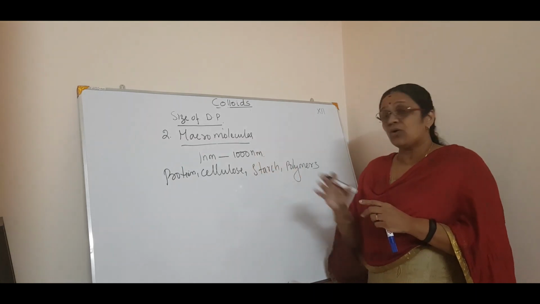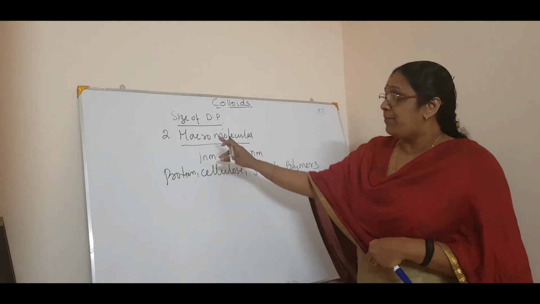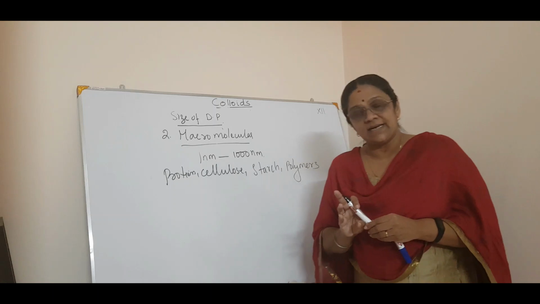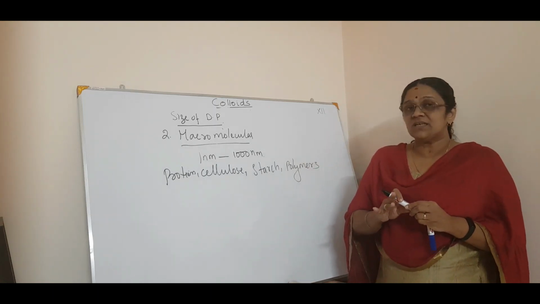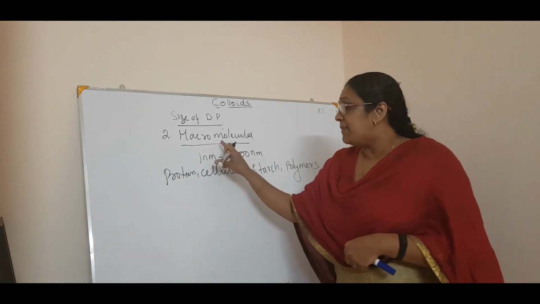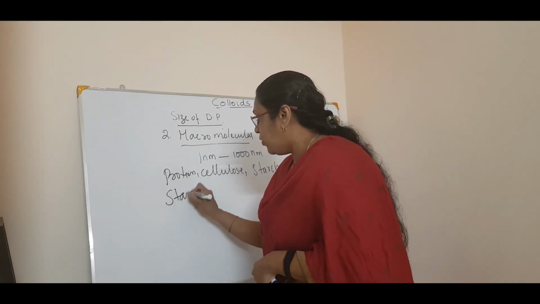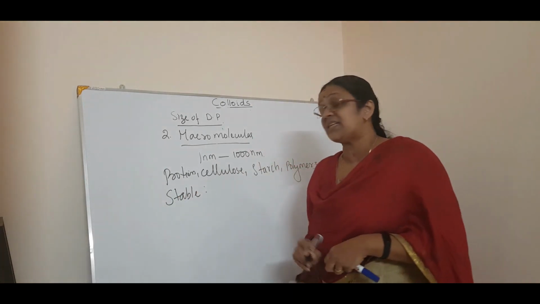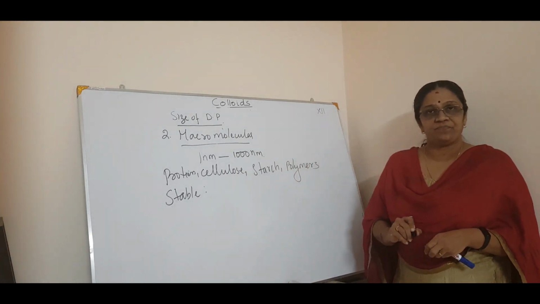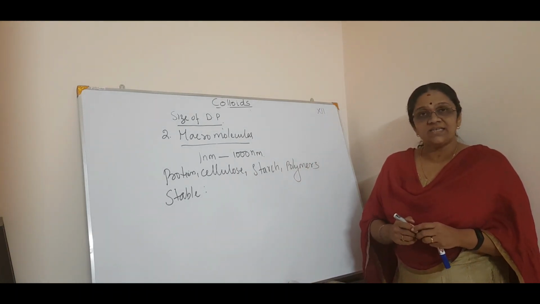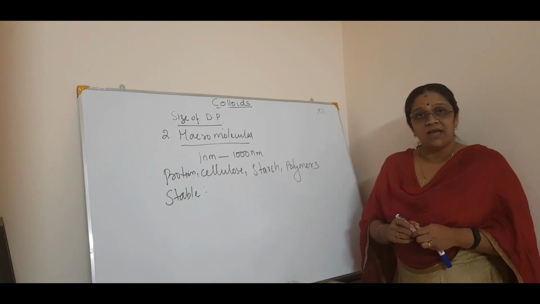So that is macromolecules. Now one important thing in macromolecules, that comes in the board exam question, is that macromolecules are stable in nature. Why? Why is a macromolecule stable in nature?